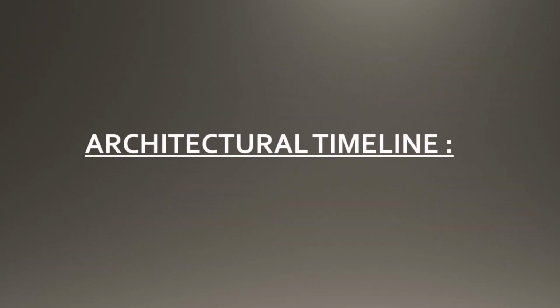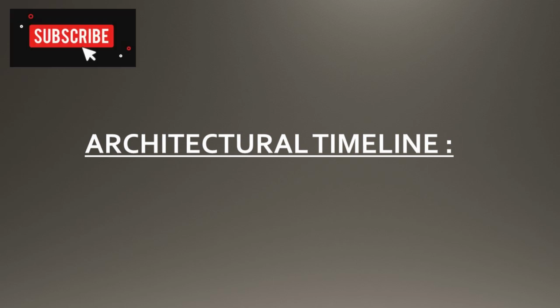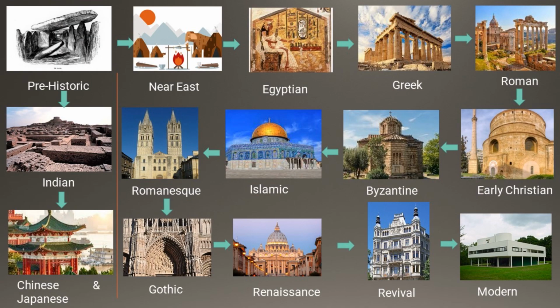Now let's learn how architecture evolved from prehistoric time to the modern century. After prehistoric periods, Indians started different civilizations and developing settlements, whereas the Near East also started developing. Then Egyptian architecture happened.